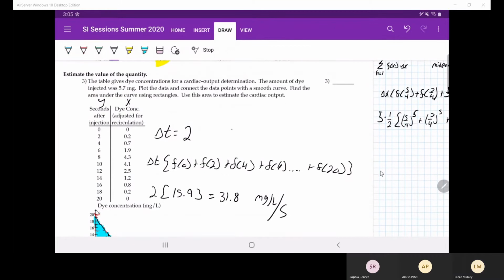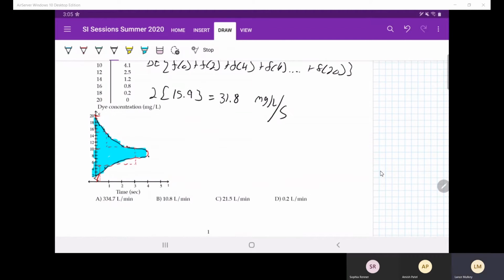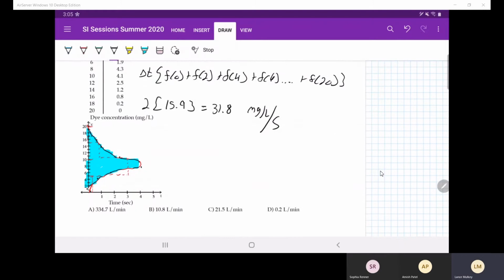And the units don't make sense. So let's do times 60. It gives us 954 milligrams per liter per minute.